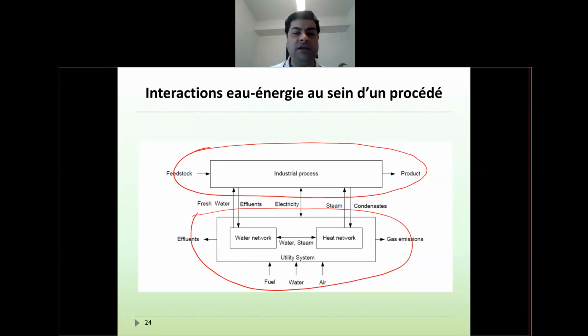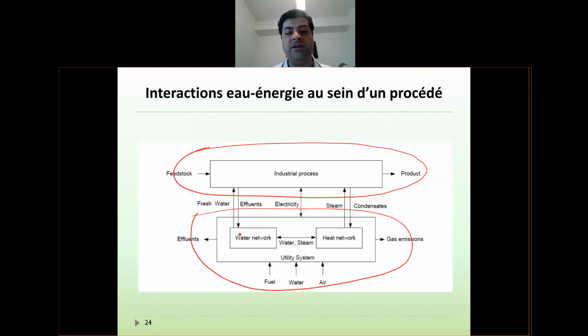For example, as shown by the different back and forth arrows, you can produce some effluents in the biorefinery, and the effluent can go to a water treatment network in the utility process.